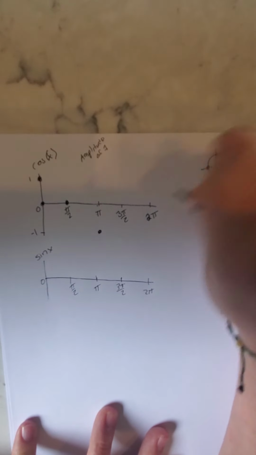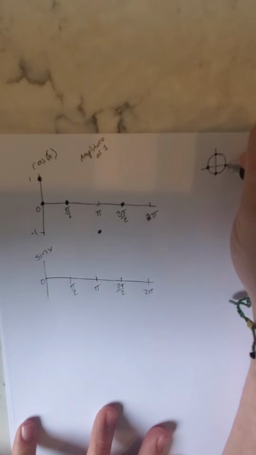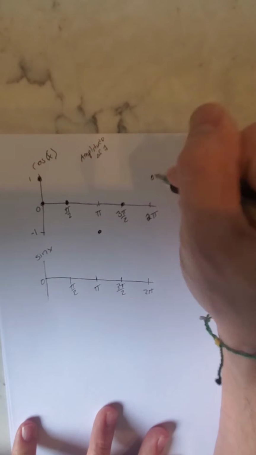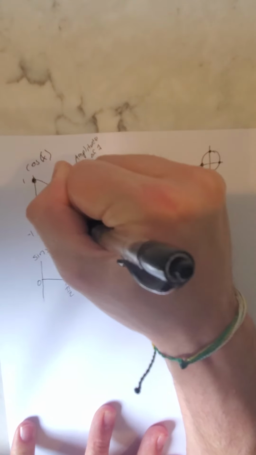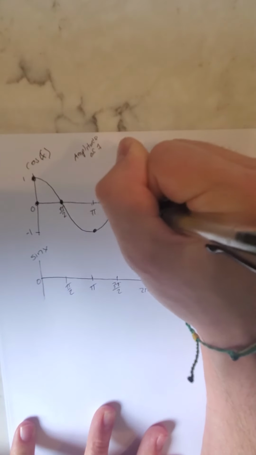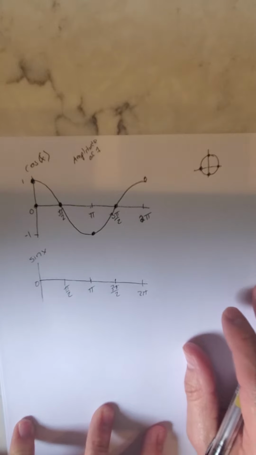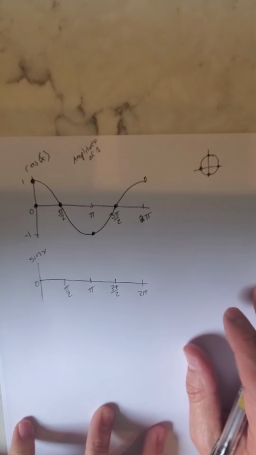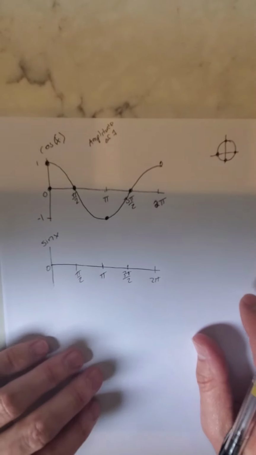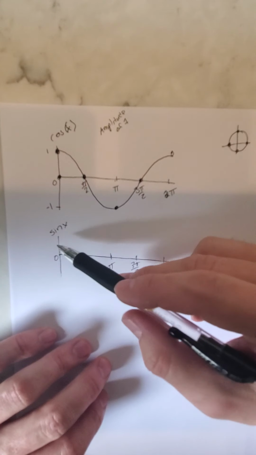Then here, it's 0 again. And then we go back to the beginning and we're at 1. So this is going to be the shape, and everything's rounded. This is going to be the shape of our cosine curve.